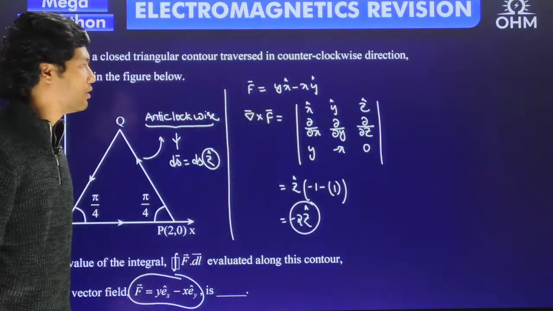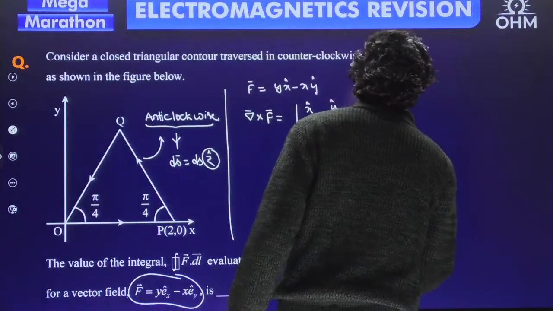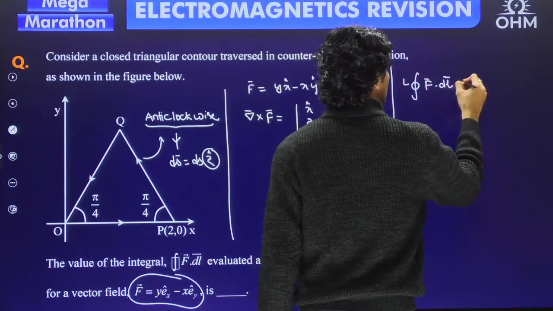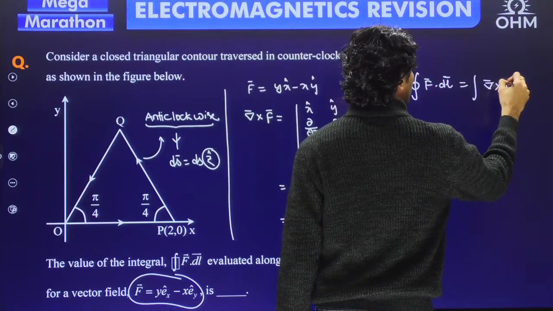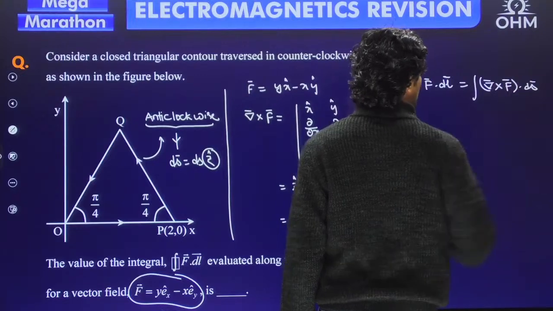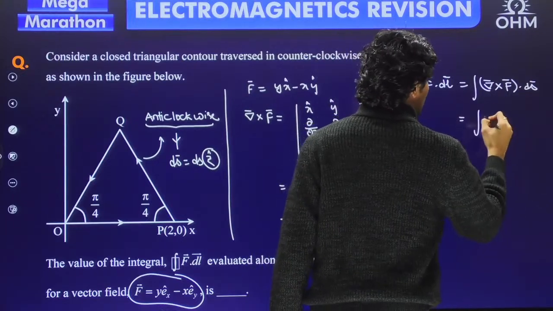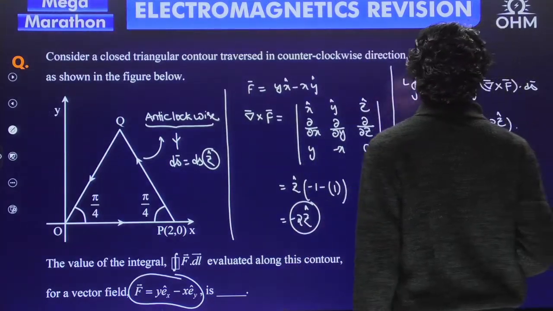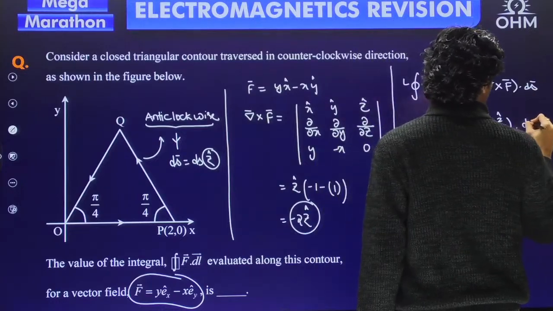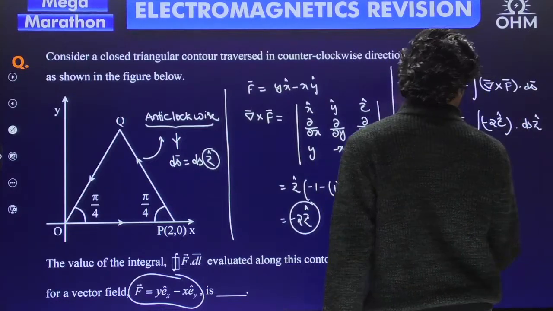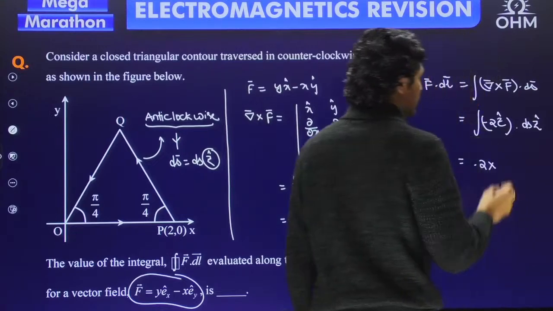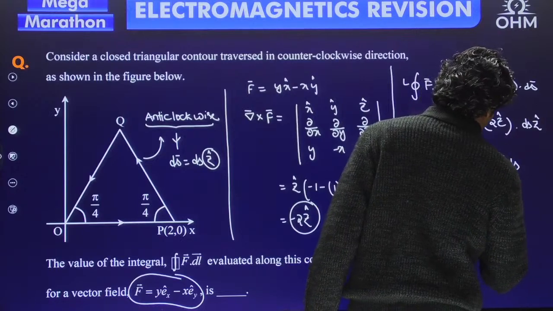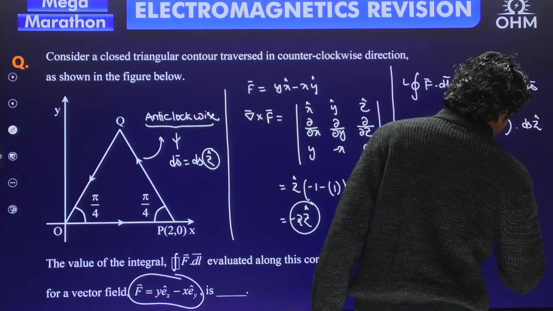So this is our del cross F. You are supposed to calculate the integration of F bar dot dl bar along the closed path L, which by means of Stokes theorem becomes del cross F dot ds bar, which equals the integration of minus 2 z cap dot ds bar. What is ds bar? ds times z cap, so it becomes minus 2 into z dot z is 1, the integration of ds is nothing but the surface area. Minus 2 into whose surface area?